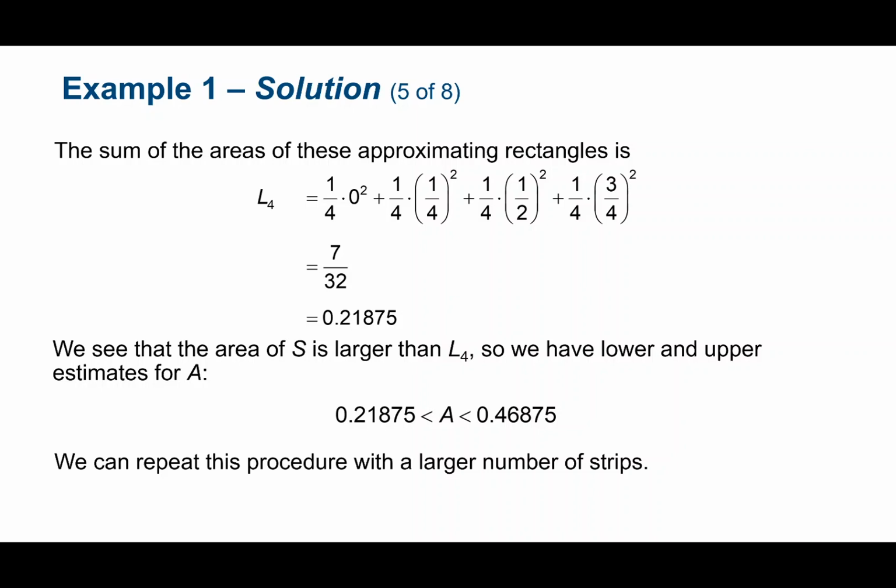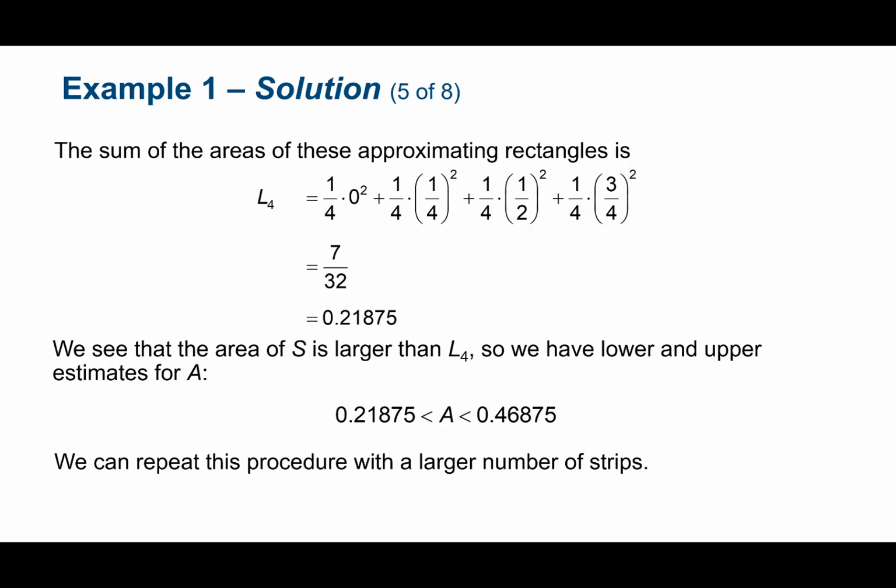And that's just like we said, we know it's got to be between 0 and 1, but we narrowed down the values by using more rectangles. And we could keep doing the same thing. So maybe we use 10 rectangles, or 20 rectangles, or 30 rectangles. Okay?